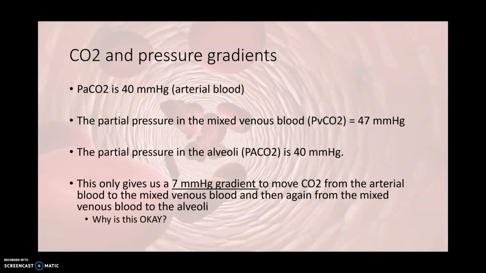So that's why we need a nice wide gradient for oxygen to move from the air to the alveoli to the blood. Now with carbon dioxide, we can have a much more narrow gradient because it is 20 times more soluble in water and moves 47 times faster. So we're really not compromising efficiency whatsoever with regards to carbon dioxide.